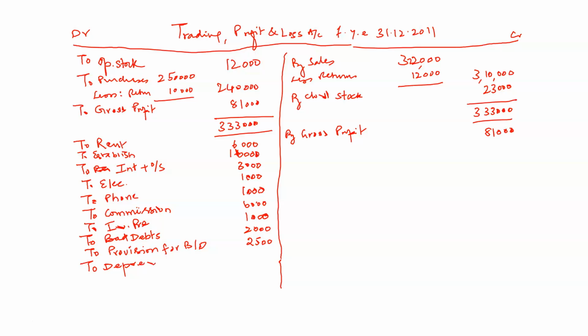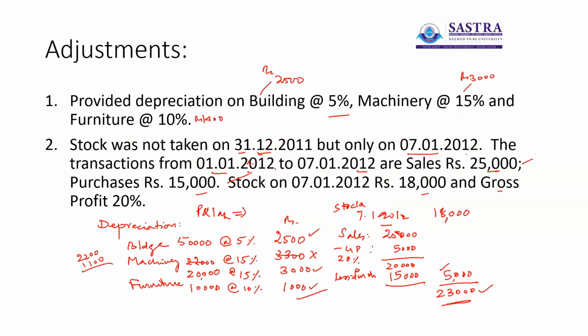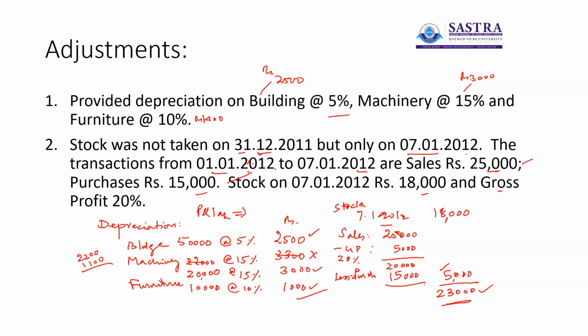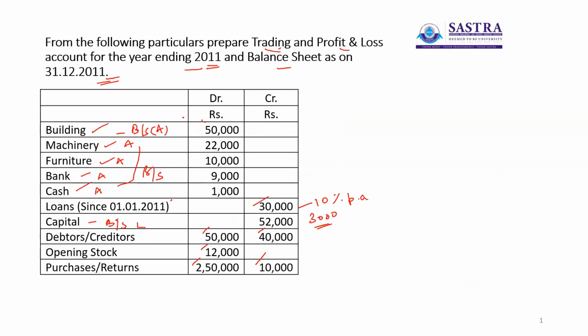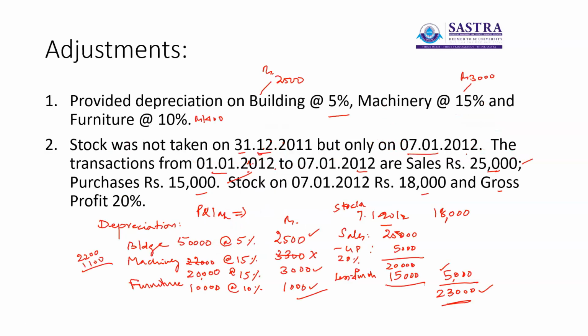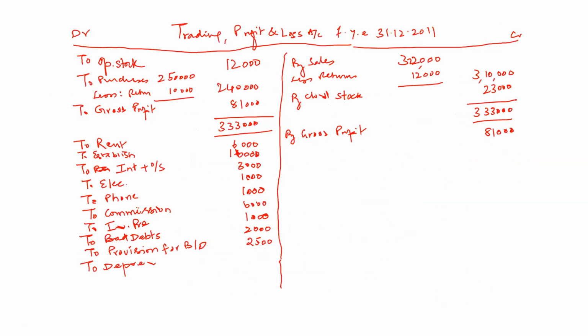To depreciation, totally 2,500, 5,500, 6,500. So on furniture, any adjustment, furniture 10%. Okay, value of machinery, furniture. So 6,500. Depreciation.